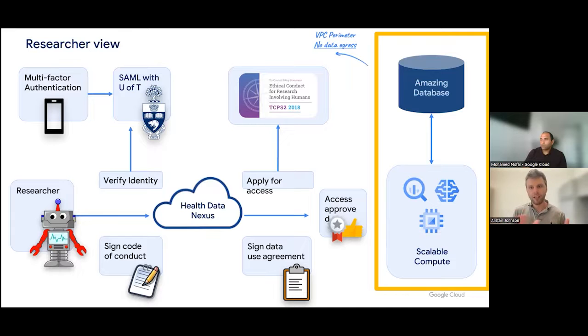And once that's done, you are given access to scalable compute, right now a Jupyter Notebook running on Vertex AI on GCP, which has direct access to the data set, within the VPC perimeter that Mohammed was mentioning earlier. I think when we're on that point, we can move to the next slide and you can talk more about the exact architecture, Mohammed.